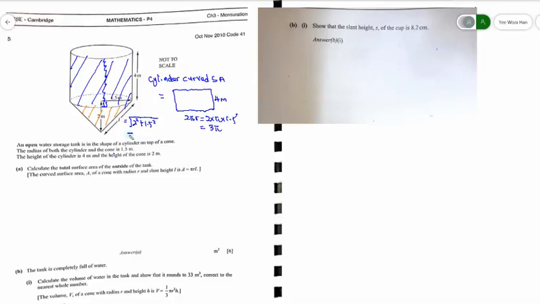So this is the square root of 4 plus 2.25, which gives you the square root of 6.25. Actually, if you multiply by 2, you will get 4 here, and this gives you 3.